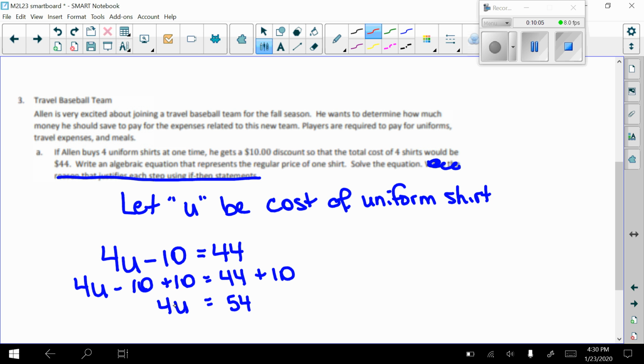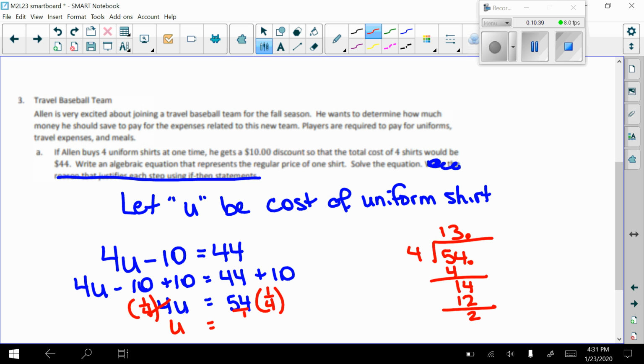So we undo the coefficient. Multiply by the reciprocal. So 1/4 of 4 is 1. 54 over 1 times 1/4 is 54 over 4, which means, how many times does 4 go into 54? 4 goes into 5 once. 4 goes into 14 3 times.